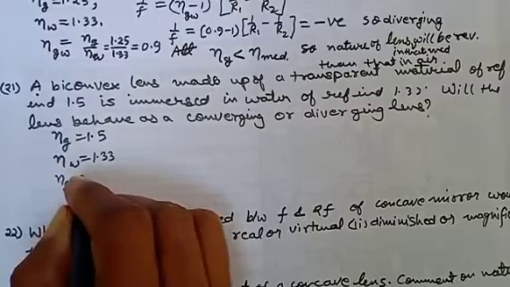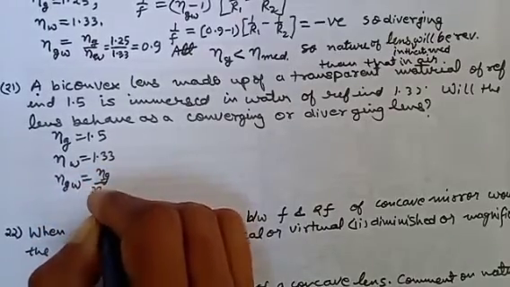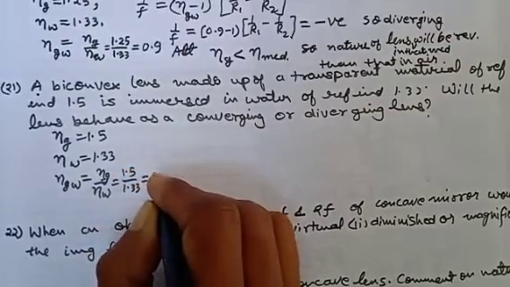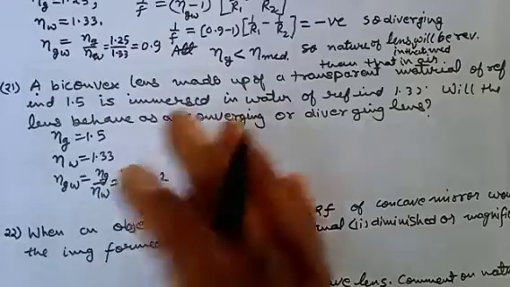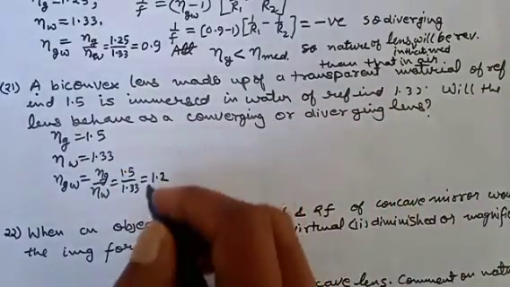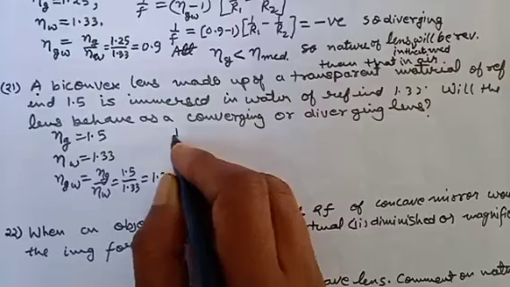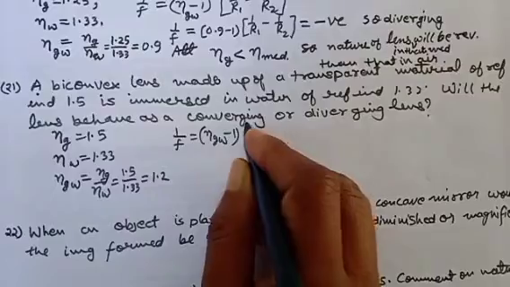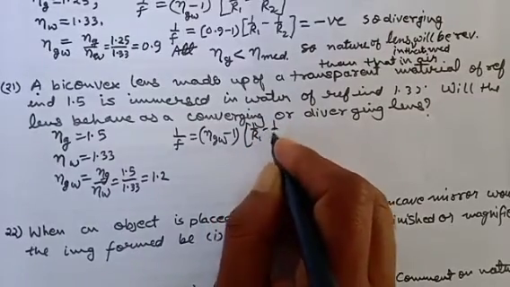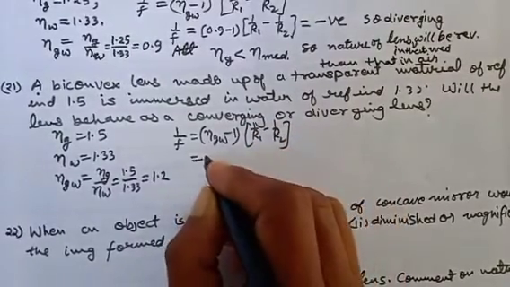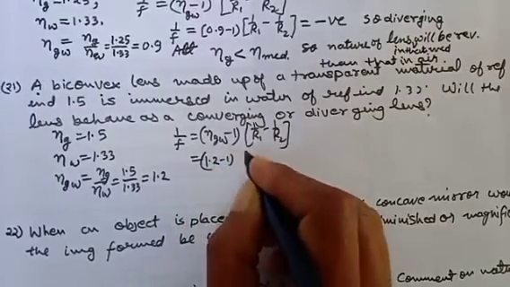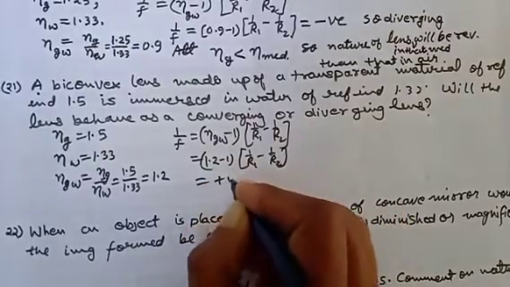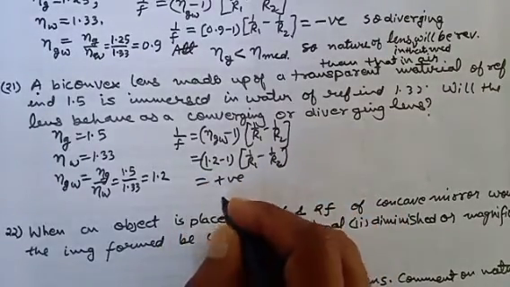Eta GW is eta G by eta W. 1.5 upon 1.33, it is something around 1.2. So 1 by f equal to eta gw minus 1 upon r1 minus 1 upon r2. This is 1.2 minus 1 upon r1 minus 1 upon r2, which is a positive quantity. So its nature will be converging.